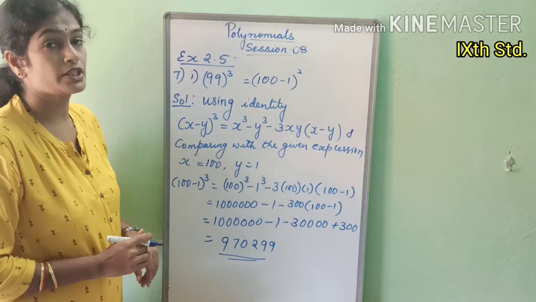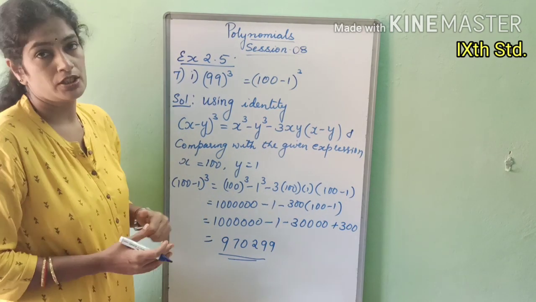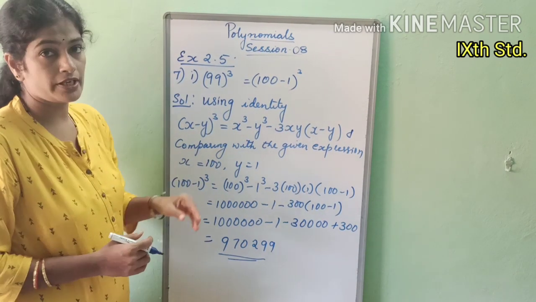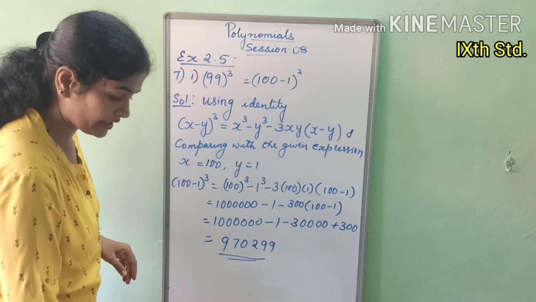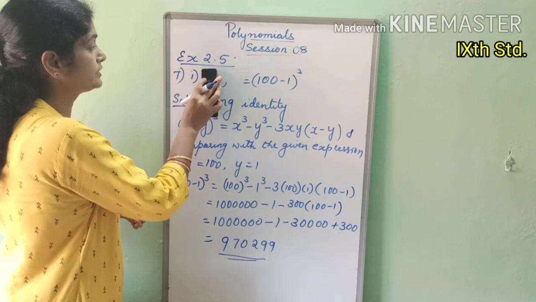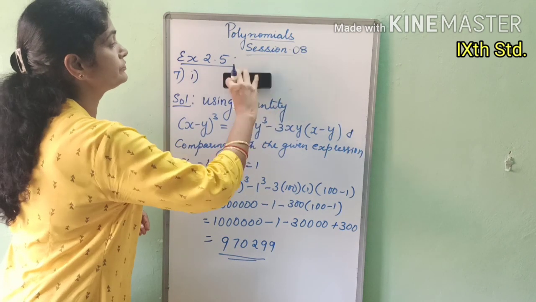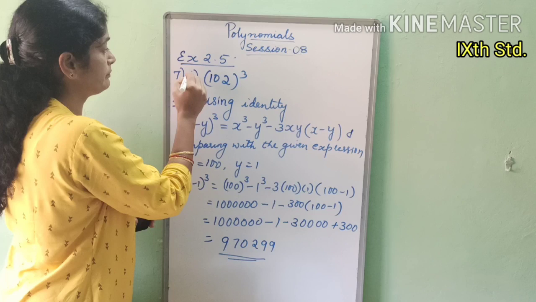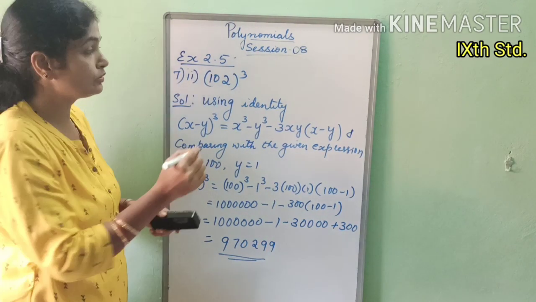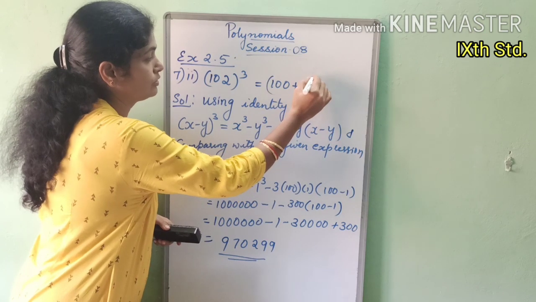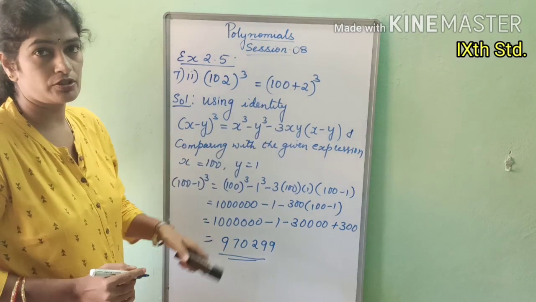You have done it using the identity x minus y whole cube. With the same procedure, we will try to do the next ones also. What is the next one? They have given you 102 whole cube, the second part. So 102 whole cube, you can write it as 100 plus 2 whole cube. 100 plus 2 gives you 102.